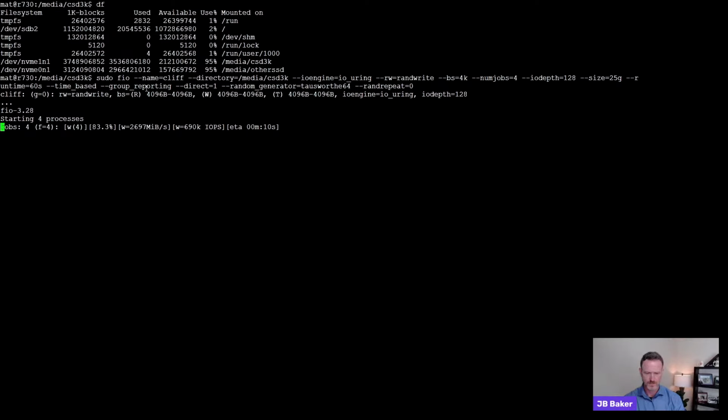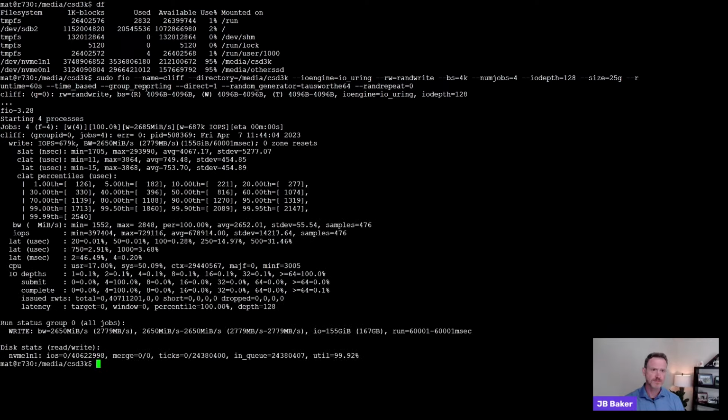It's just about to finish, 10 seconds to run. Okay, so you can see that we got 687,000 IOPS on average, and the average completion time is around 749 microseconds shown here.